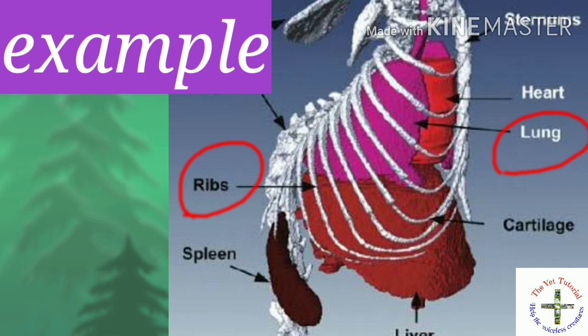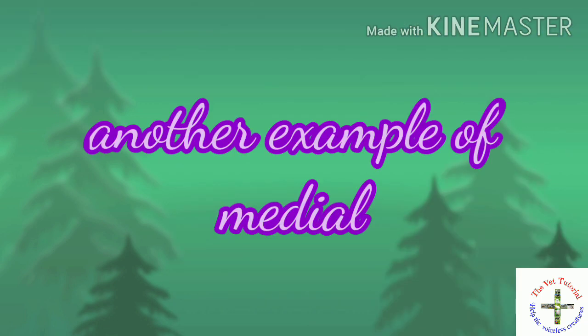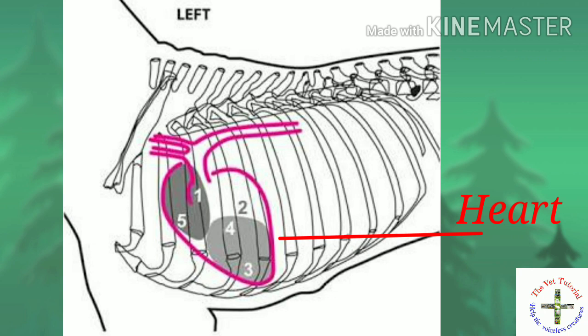And if we reverse this statement, that is, the lungs are medial to the ribs, it is the example of medial. Or we can take another example: the heart is the most medial organ. These two terms are most confusing, so I will explain them under the topic planes of the body.